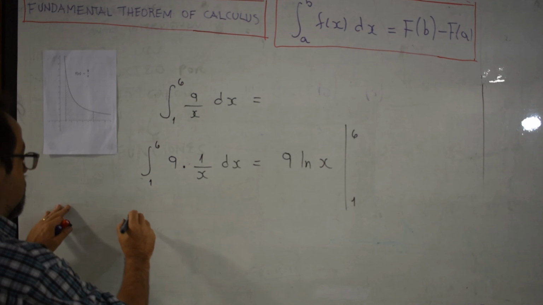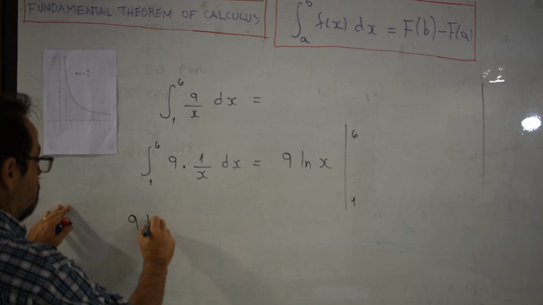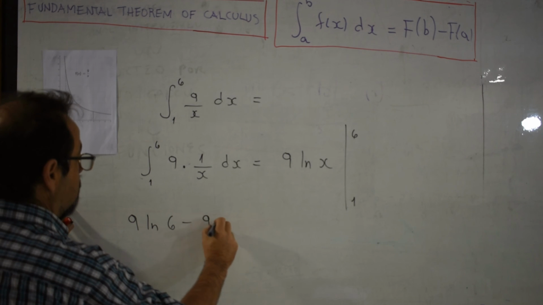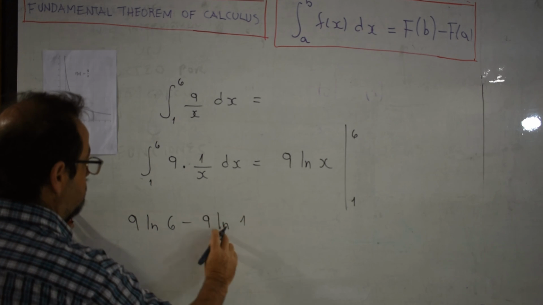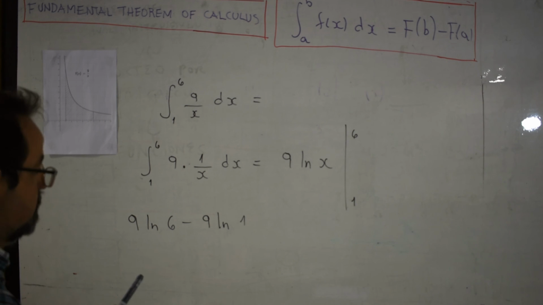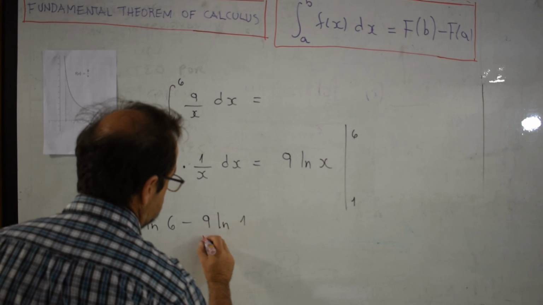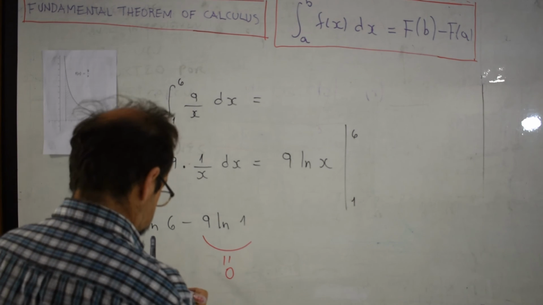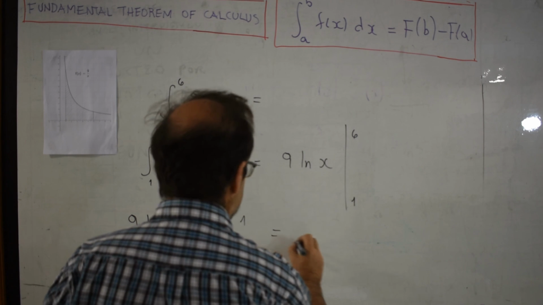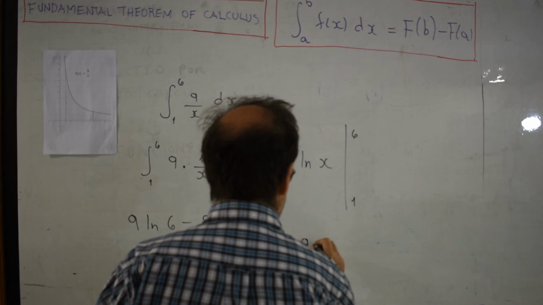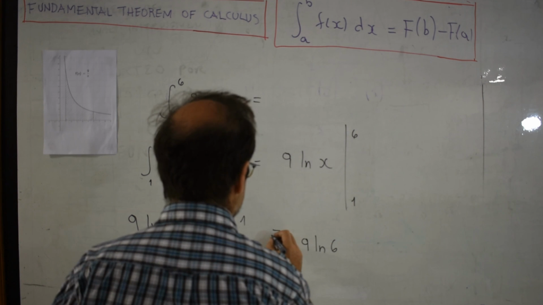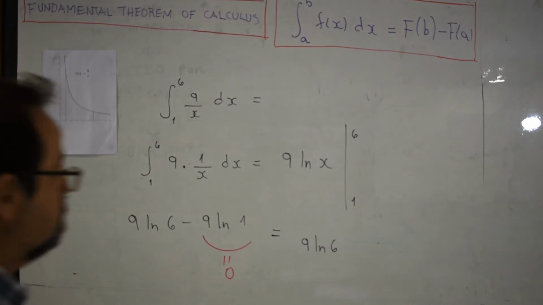That will make 9 logarithm of 6 minus 9 logarithm of 1. We know that logarithm of 1 is 0. So the answer for that area is an irrational number, which is 9 logarithm of 6. In the other case, it was a rational number. Now it's an irrational number.